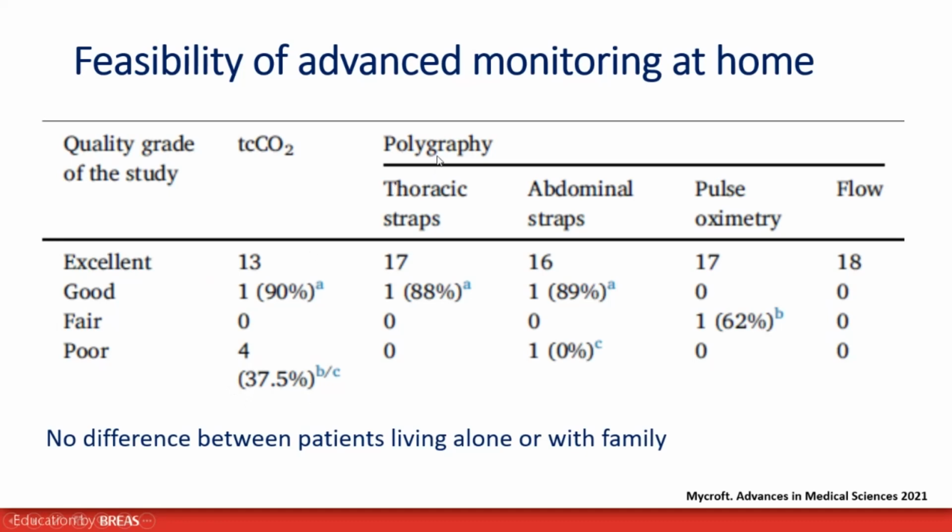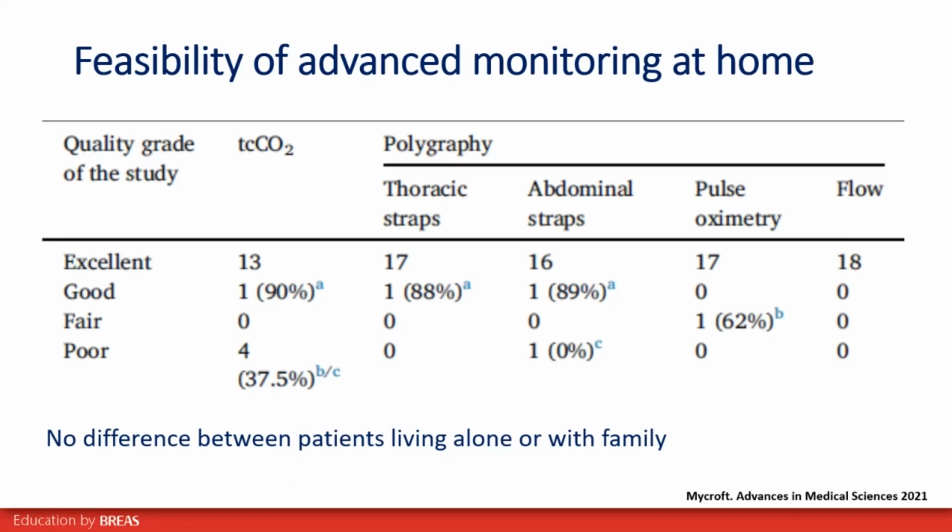Now, regarding polygraphy, the thoracic or the abdominal belt, the results were very good, with most of the patients except one that had an excellent or a good feasibility. Same for the pulse oximetry and same for the flow sensor. And they calculated that there was no difference between the patients living alone or with family members.